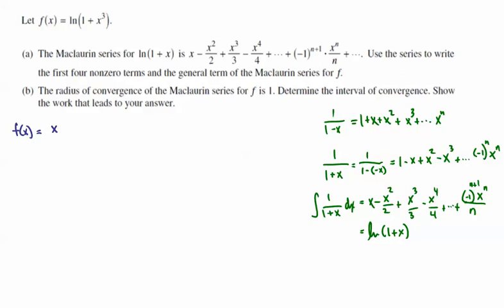And so we get x to the third minus x to the sixth over 2 plus x to the ninth over 3 minus x to the 12th over 4. So we want the first four non-zero terms and the general term.